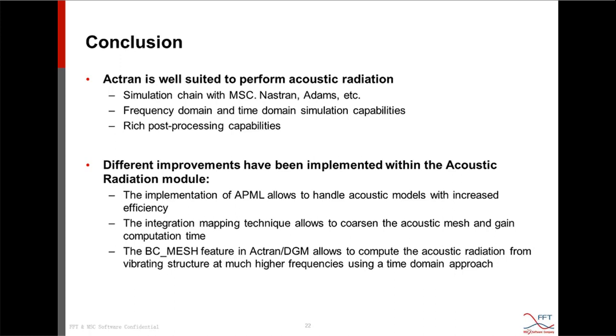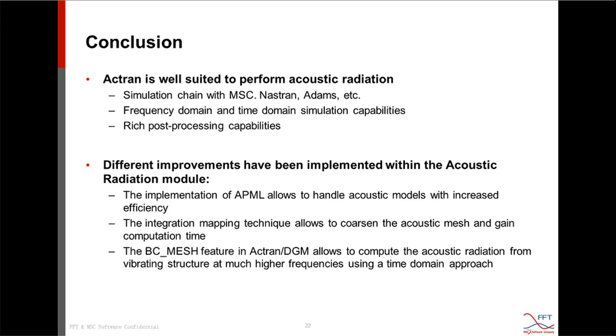And for acoustic radiation problems, different improvements have been made recently in Actran. The first point, the implementation of APML will help us to solve acoustic models with increased efficiency. The integration mapping method allows a coarsened acoustic mesh and allows us to gain computational time.